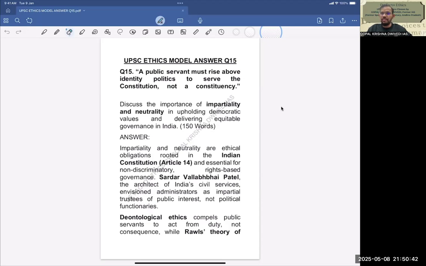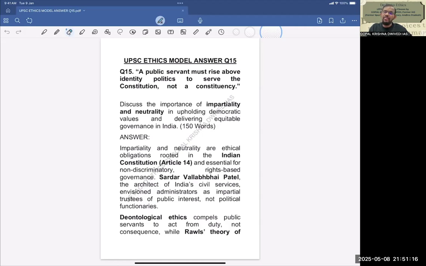We have to quote some ethical theories, some philosophers' names, and some documents like the Constitution, ARC report, Nolan Committee report, or some special ethical theories, to support our argument in the answer. So this question is basically regarding impartiality and neutrality in upholding democratic values and delivering equitable governance in India.